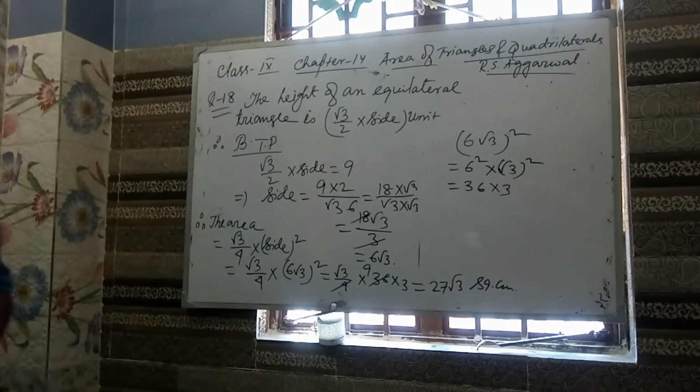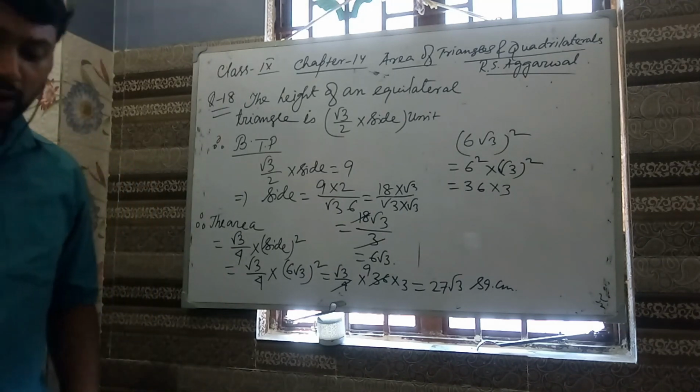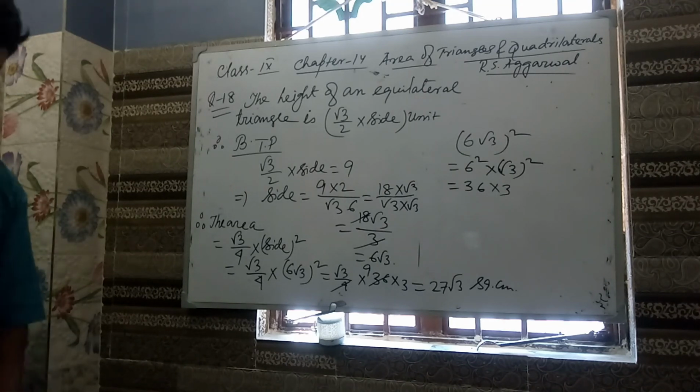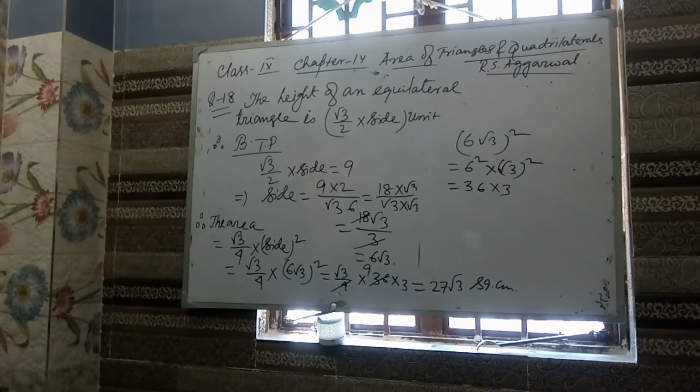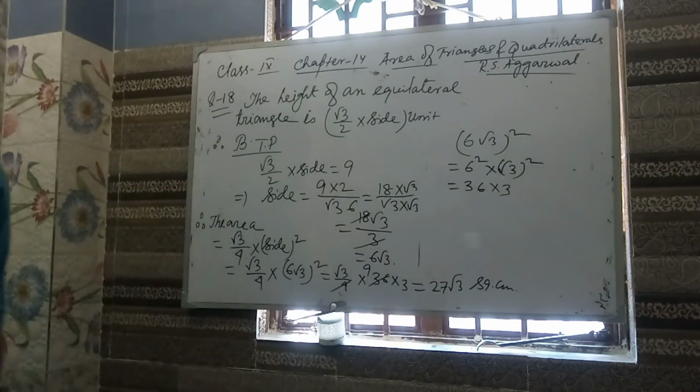Now look, if you keep your answer like this, you will get half or 1 mark less. Why? Because look at the question. What is given? Find the area correct to 2 places of decimal. Take root 3 equal to 1.732. So that's why we have to replace this root 3 by 1.732.